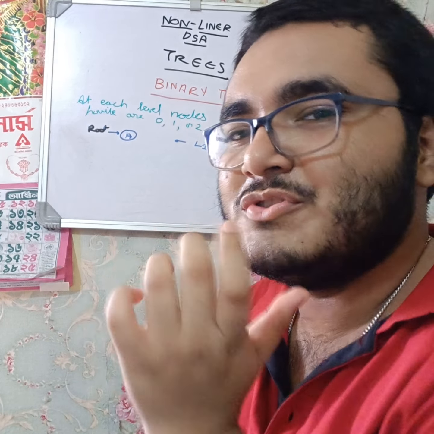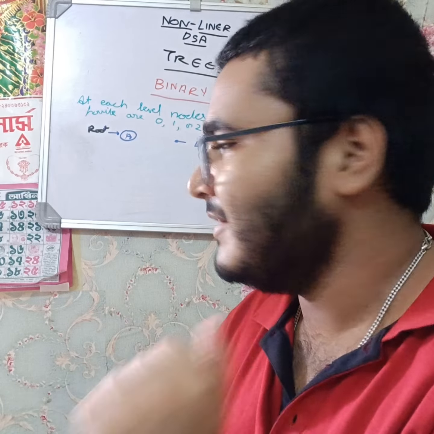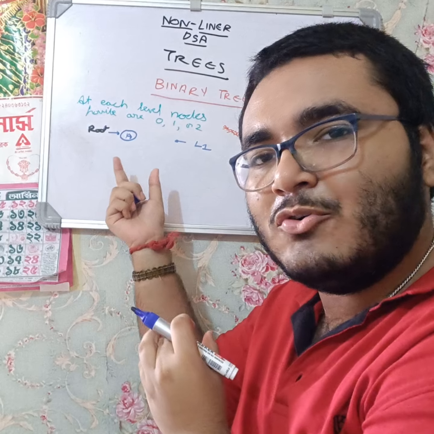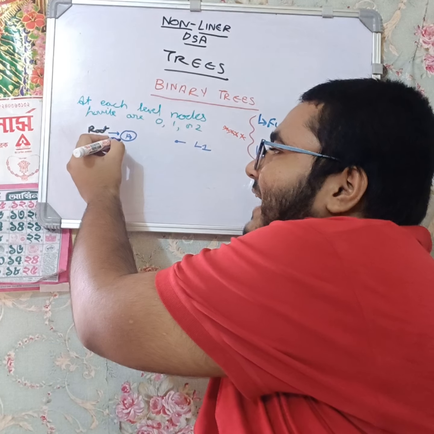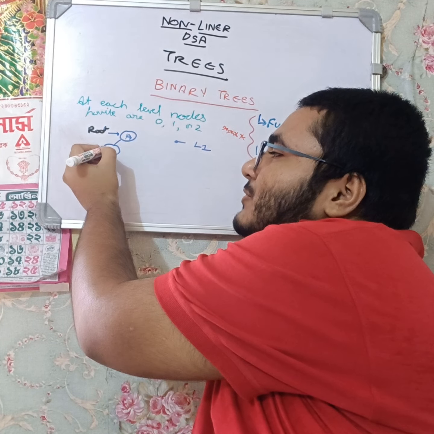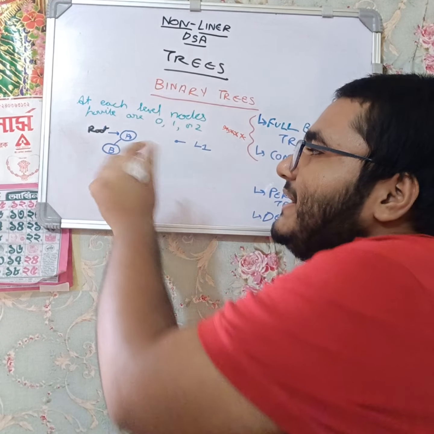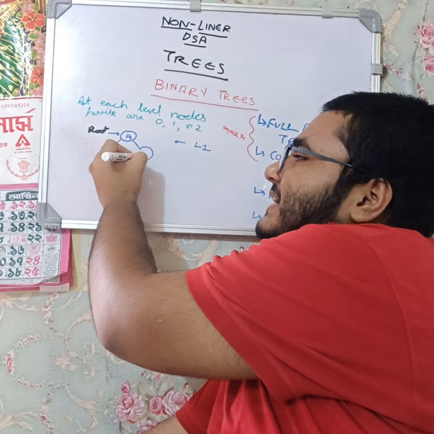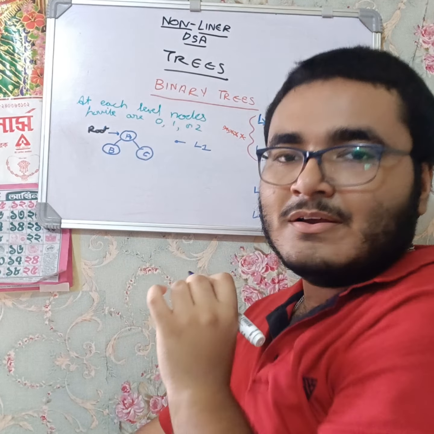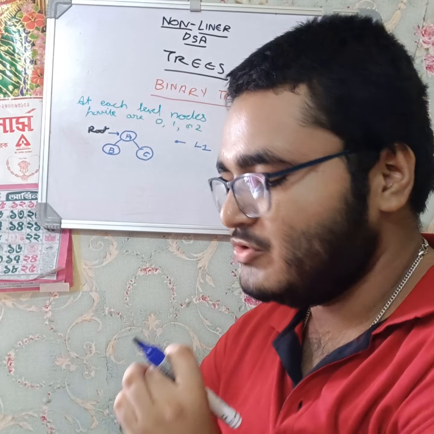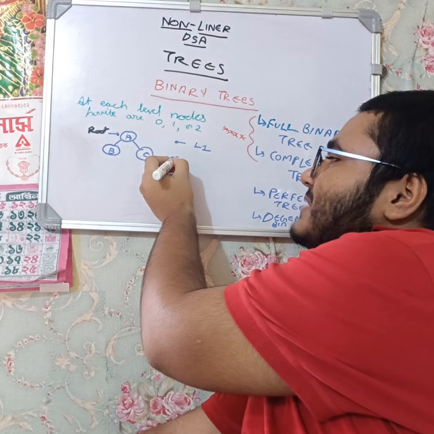A cannot bear more than 2 children. So A can have 0 children, that is only A, or it can have 1 child, or at most it can have 2 children, and this becomes our level 2.